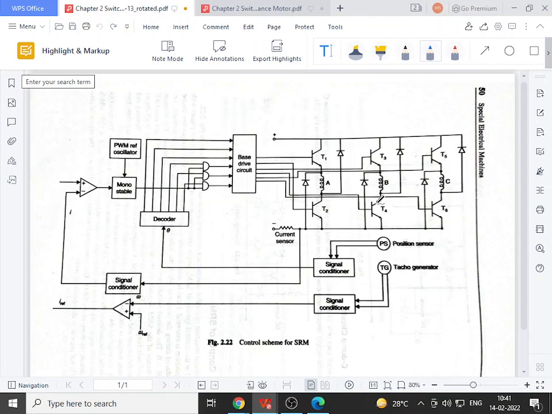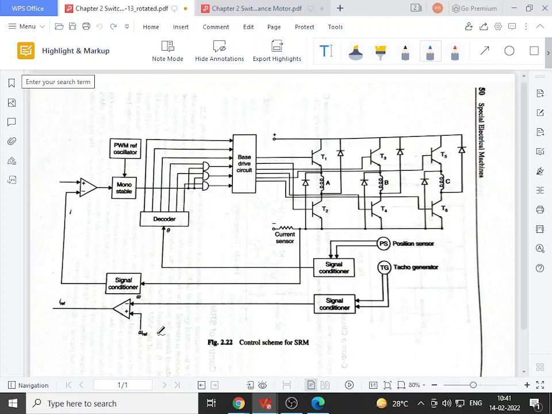Now how is that chopping frequency input provided? The output of this tacho generator is given to the signal conditioner, and the output of the signal conditioner is applied to the comparator. Here omega is the angular velocity, and that angular velocity is compared with omega reference.